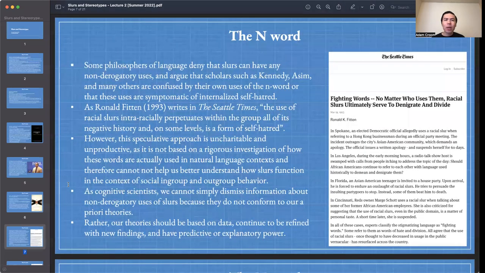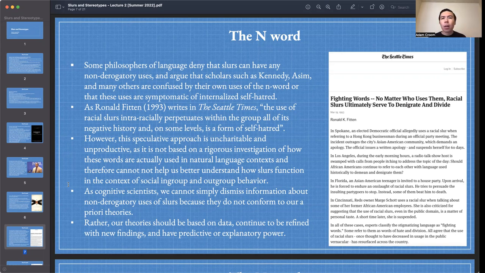All right, so some philosophers of language deny that slurs can have any non-derogatory uses and argue that scholars such as Kennedy, Asim, and many others are confused by their own uses of the N-word, or that these in-group uses are somehow symptomatic of internalized self-hatred.